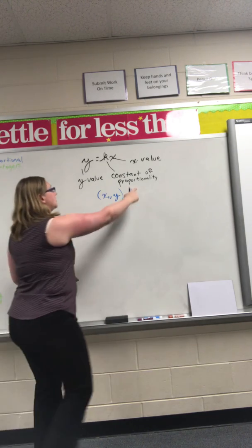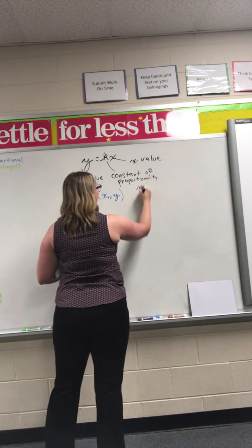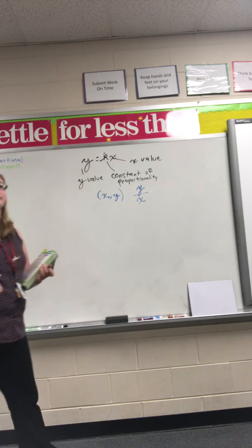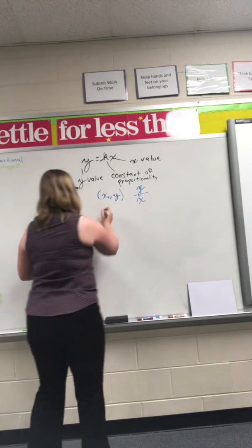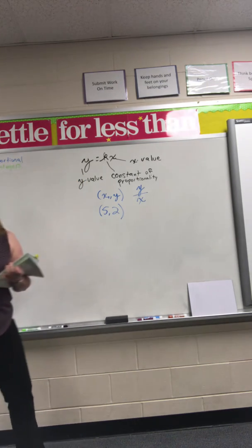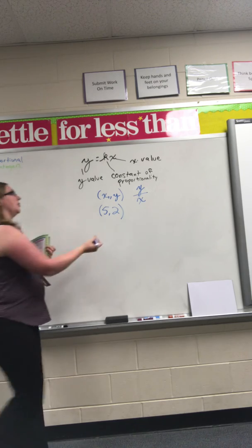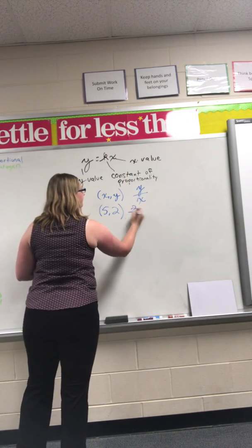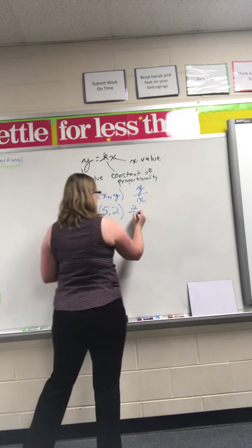To find the constant of proportionality, or k, we're going to take the y value divided by the x. So, in this instance, we have the point (5, 2). Which number goes on top as our y value? The 2. The y value, so the second one goes on top. Which one's my x? The 5. Good.